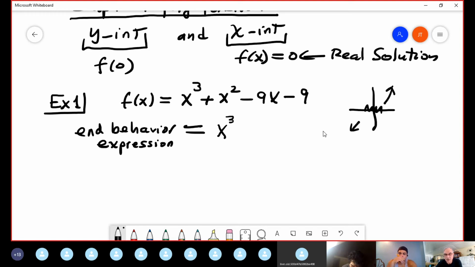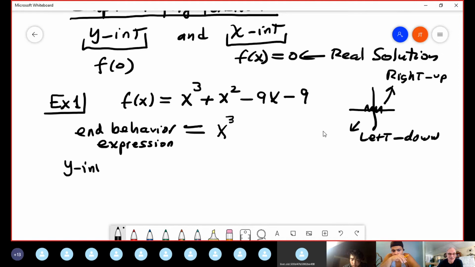I don't know exactly what happens in the middle, but I know my graph looks like that: right up and left down.